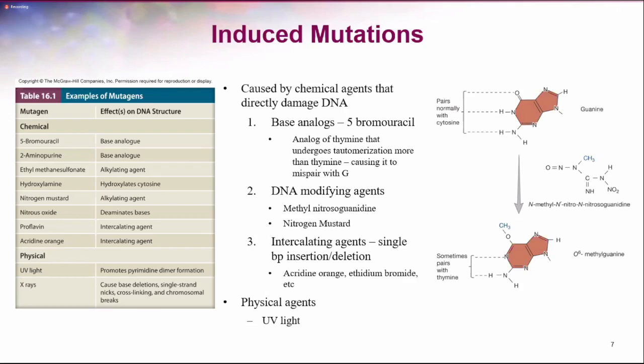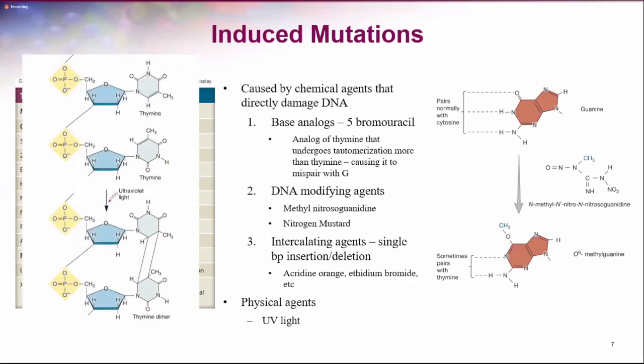So you can have these other chemical compounds that act similarly as well. To give you an example of a physical agent and how UV light works, UV light generally would take pyrimidines. It doesn't always have to be thymine dimers. You guys have talked about this in lab. We used UV light to control the growth of bacteria. The longer the exposure, the greater the rate of cell death.